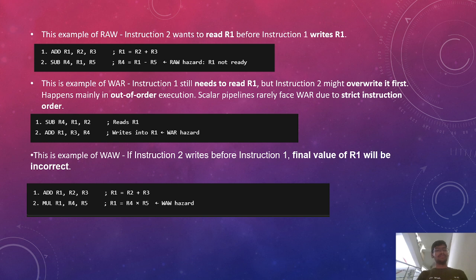For example, we have to write the result of both instructions in R1. If instruction 2 writes before instruction 1, then there will be a wrong result.